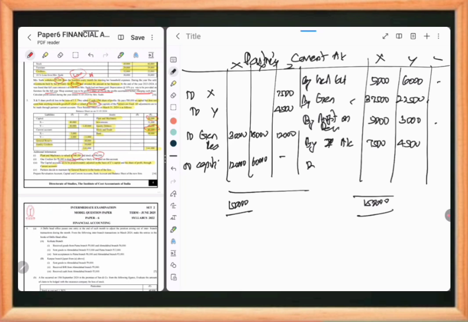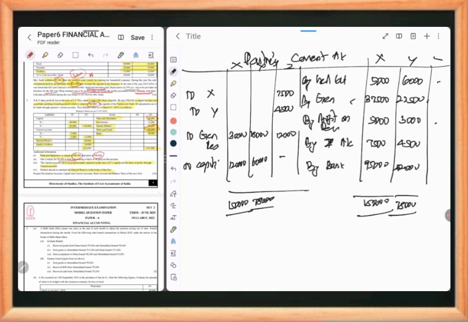So by bank, X should bring 95,000. And then for Y, 18,000 plus 60,000, so 78,000. So 78,000 minus 6,000 minus 22,500 minus 3,000 minus 4,500. So 42,000 he has to bring in.